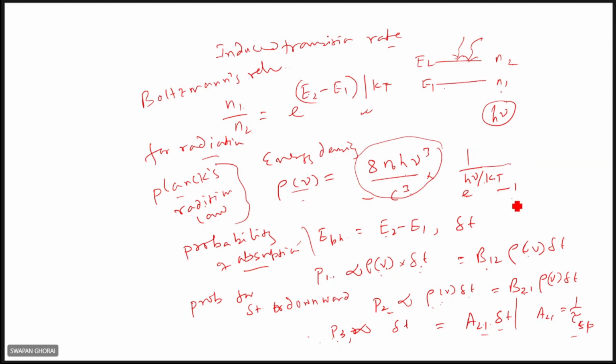And A21 is generally, if tau sp is the spontaneous lifetime, then A21 is 1 upon tau sp.